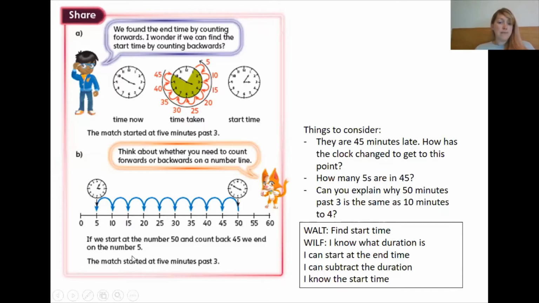There you go. So if you start at the number 50 and count back 45, you end up on the number 5. So whether you use the clock method or the number line, you still end up at the same result, which is that the match started at 5 minutes past 3.